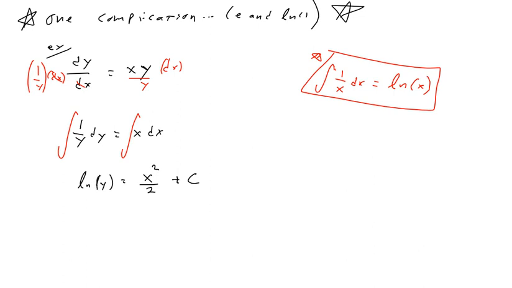So the integral of 1 over y is ln of y, and the integral of x is x squared over 2, right, plus c. So now to solve this, to simplify and cancel the ln.